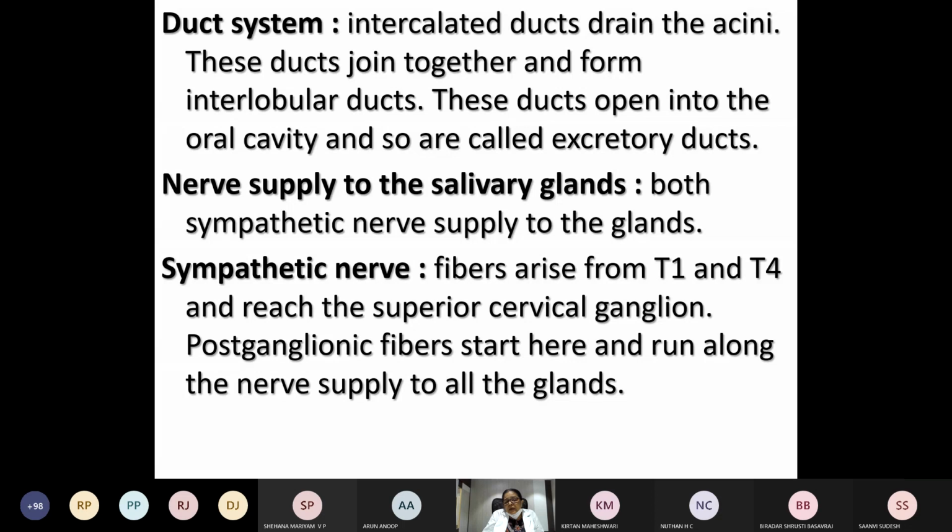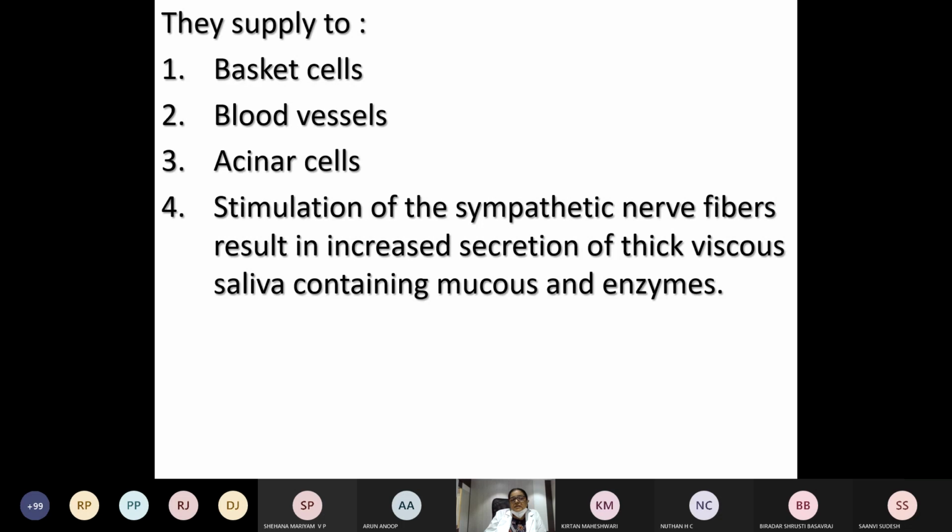So the postganglionic fibers start here and run along the arteries to all the glands. They supply basket cells, blood vessels and acinar cells, and stimulation of the sympathetic nerve fibers results in increased secretion of thick viscous saliva containing mucus and enzymes.